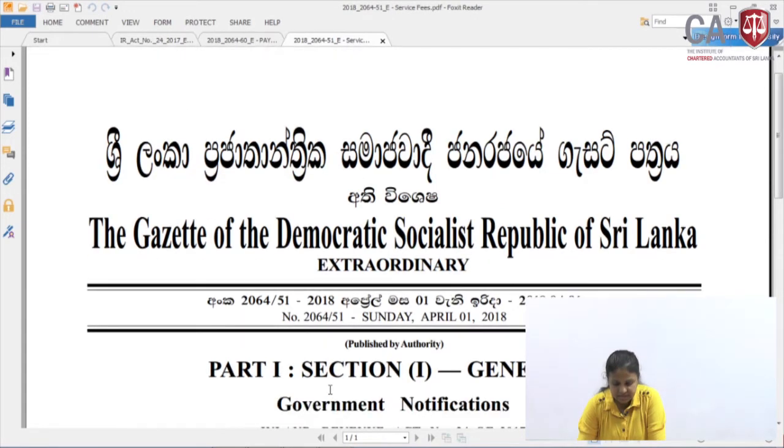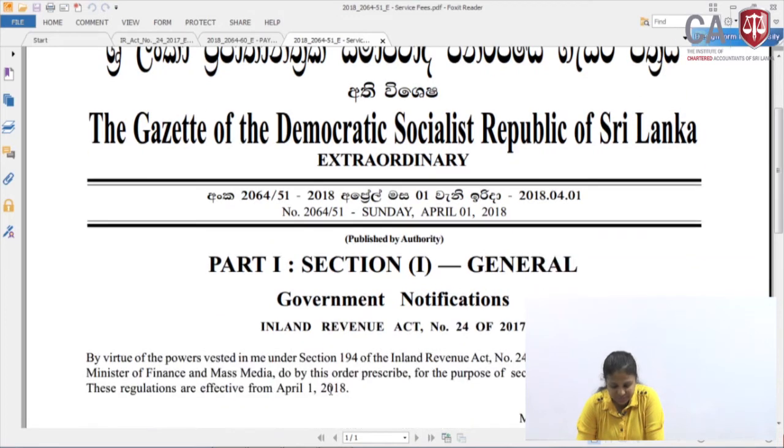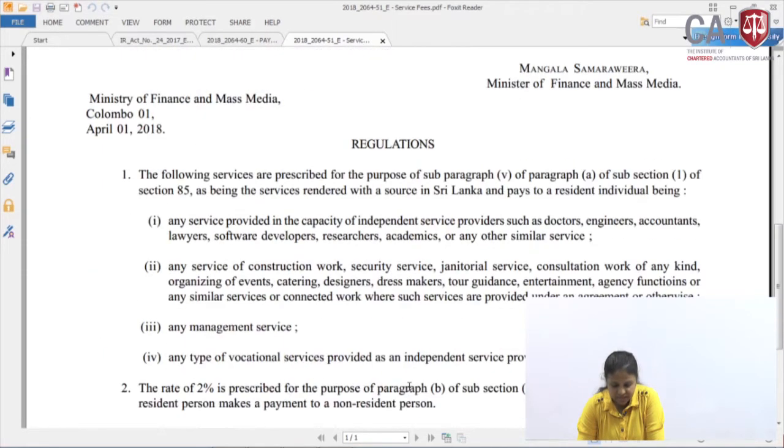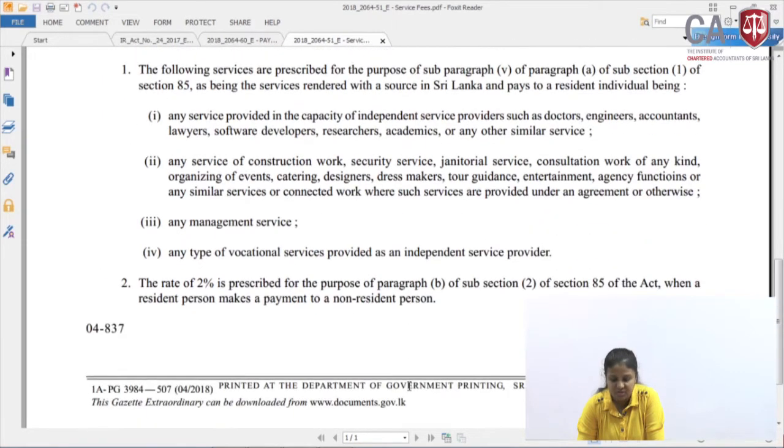This is the gazette notification for specified fees issued under section 85. In that, this very small gazette notification, only one page, you can see in paragraph 2, the rate of 2% is prescribed for the purpose of paragraph B of subsection 2 of section 85. Can you see the link to the act when a resident person makes a payment to a non-resident person?